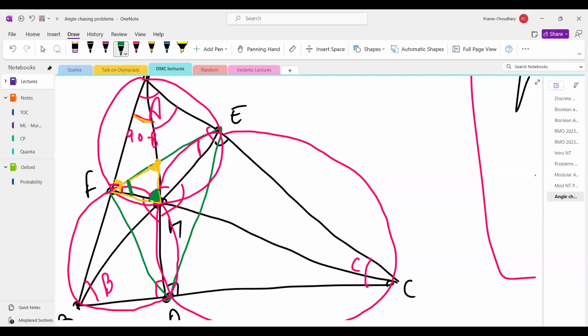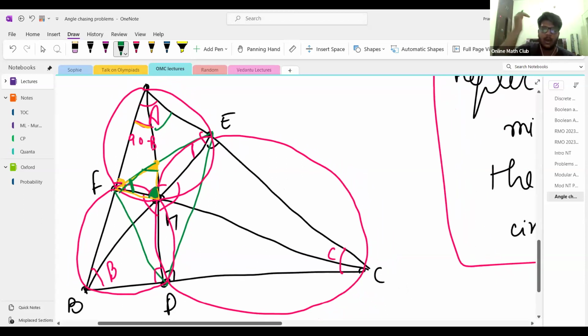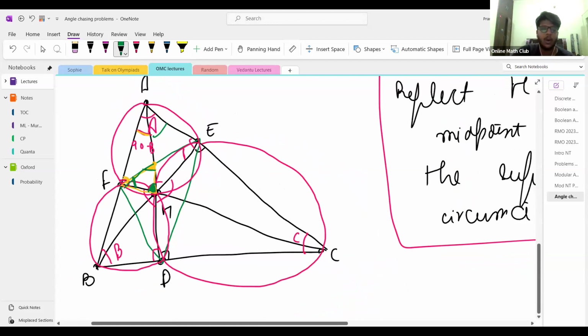HFE should be HAE, so it is 90 minus C. It is what? 90 minus C. Yes, because this angle is basically the same as this angle, right? So you can find this angle. And now you can use the angle sum property and find this angle. So my point is, in the orthocenter configuration, you can find all the angles.